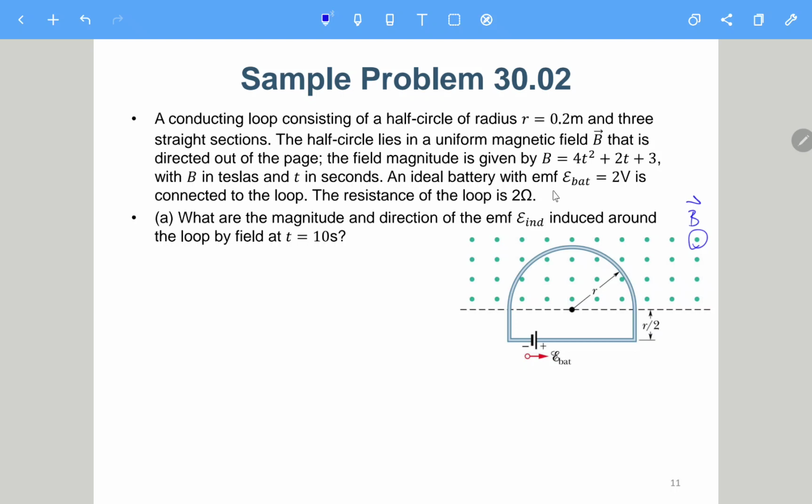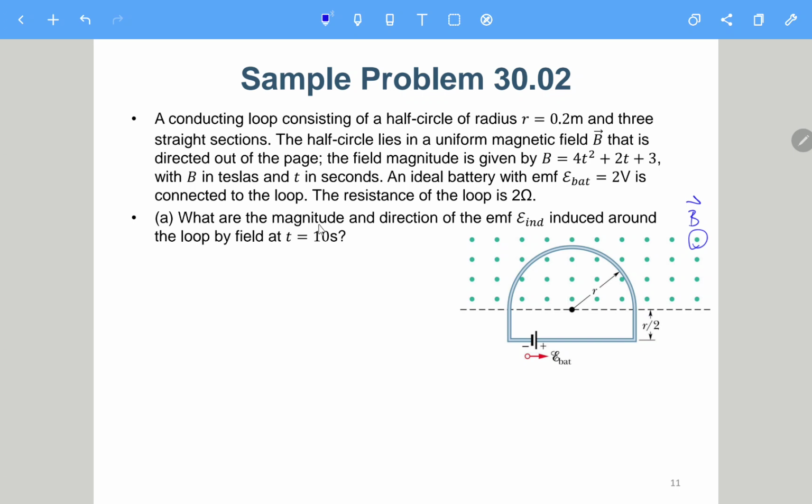Okay, an ideal battery with EMF E_bat, so this is E_bat equals 2 volts, is connected to the loop. The resistance of the loop is 2 ohm. Okay, so the 2 ohm is across the whole loop, so we do not draw it out explicitly, but the resistance of the loop is 2 ohm.